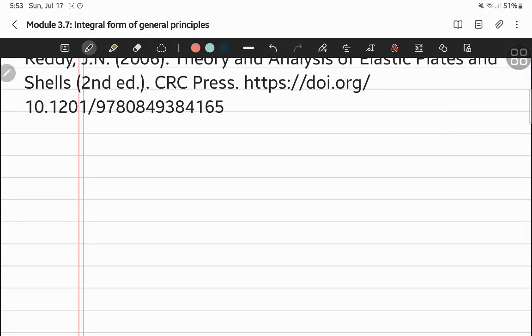It says the fundamental lemma of calculus of derivatives.